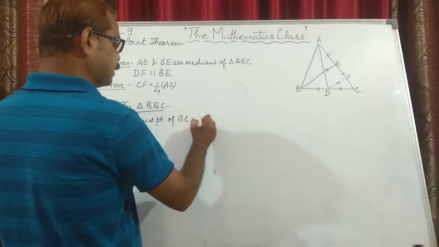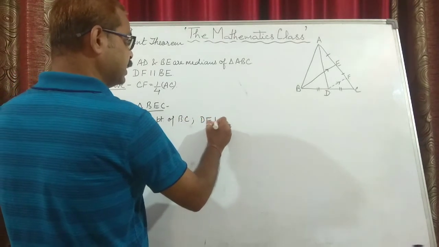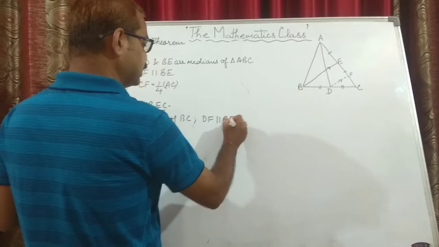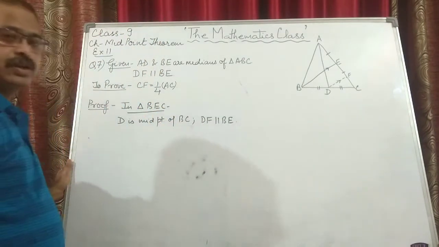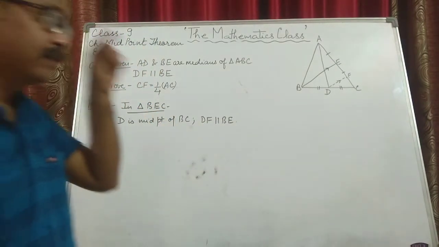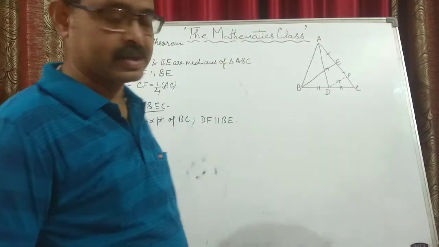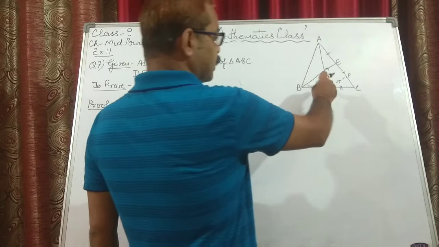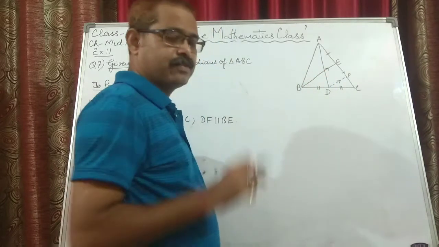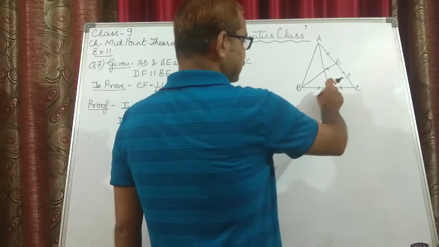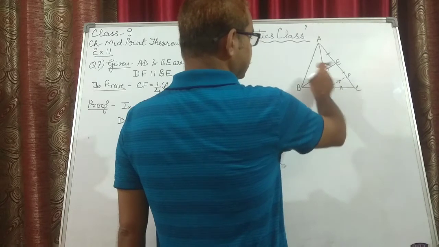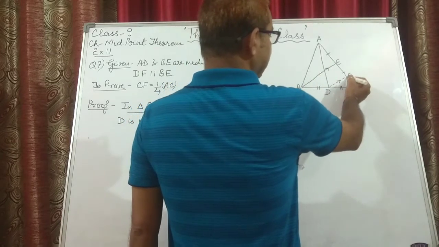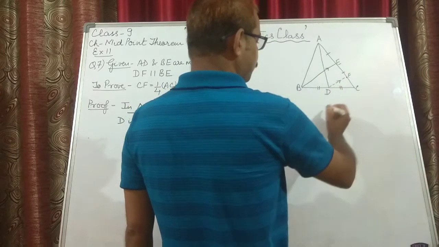At the same time, it is given that DF is parallel to BE. Now we know that the converse of the midpoint theorem says that in a triangle, if a line is drawn from the midpoint of one side, and if it is parallel to the second side, then it bisects the third side also.